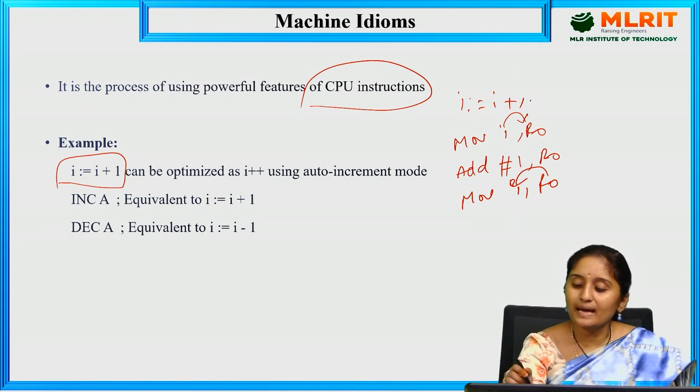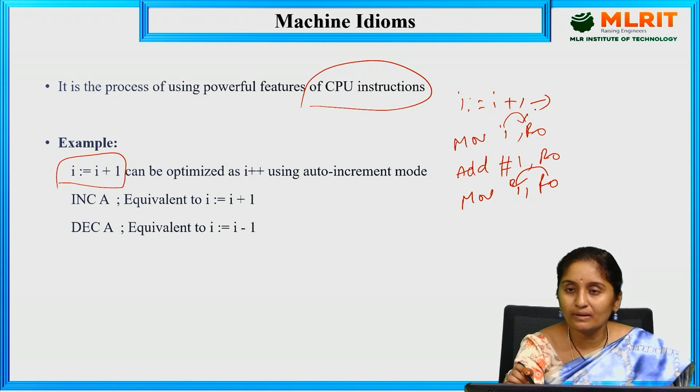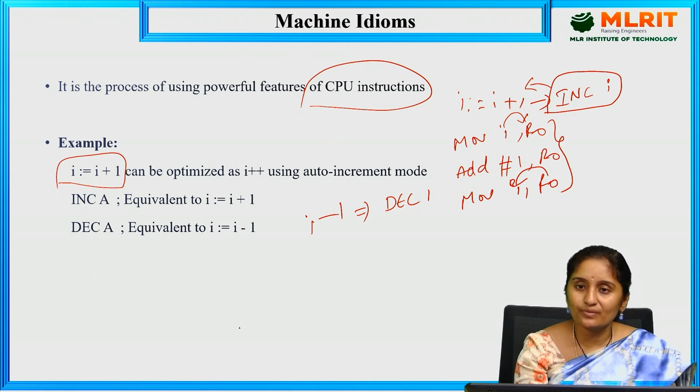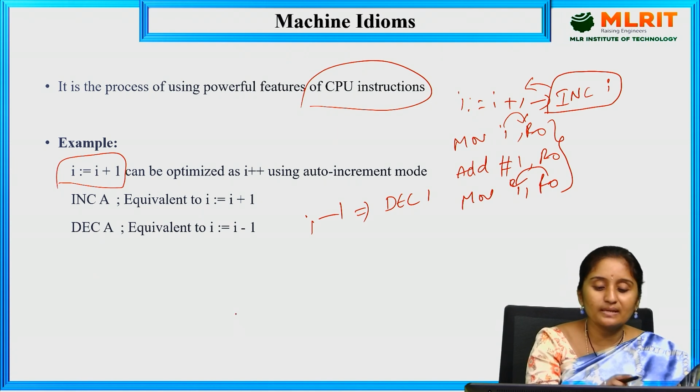Instead of this, I can write a single statement which the CPU understands very easily, that is increment I. This statement is understood by the CPU very fast compared to reading all those statements. If I have I minus 1, I can write it as decrement I, which the CPU also understands very fast. These give optimized code, such as auto increment mode.